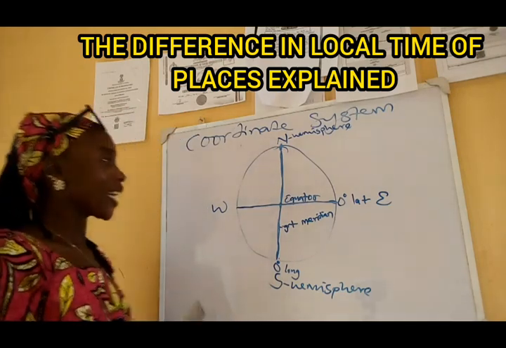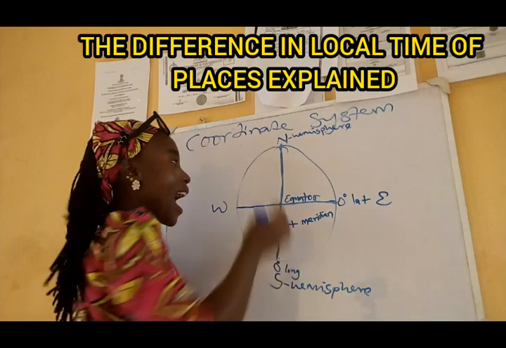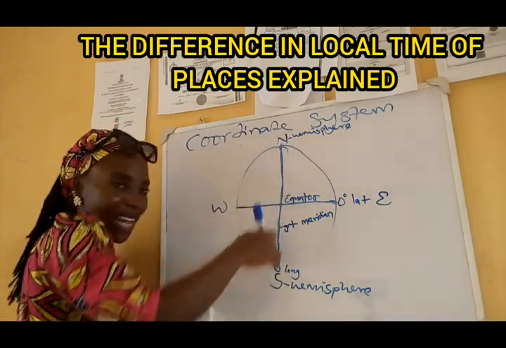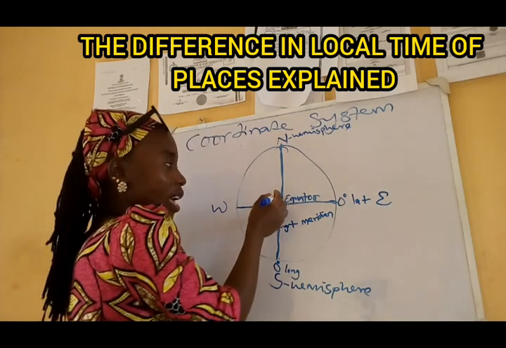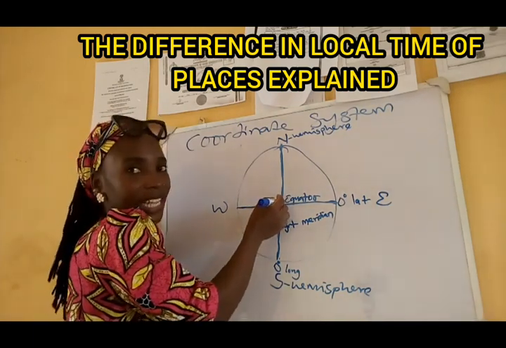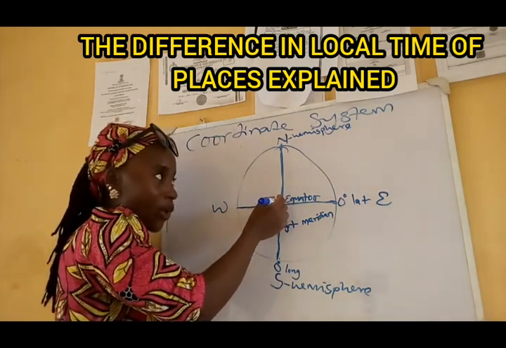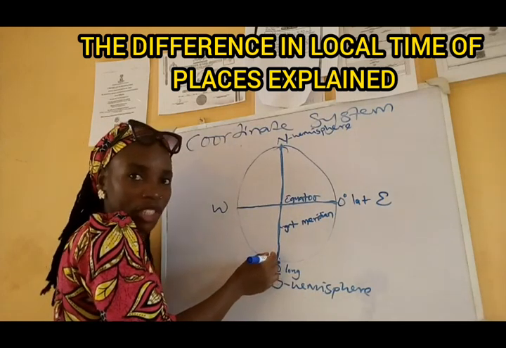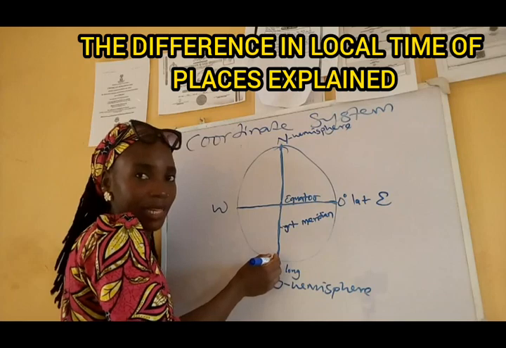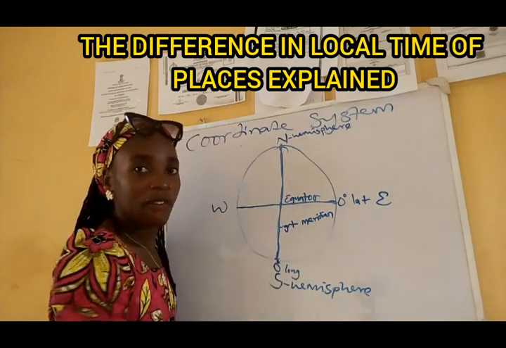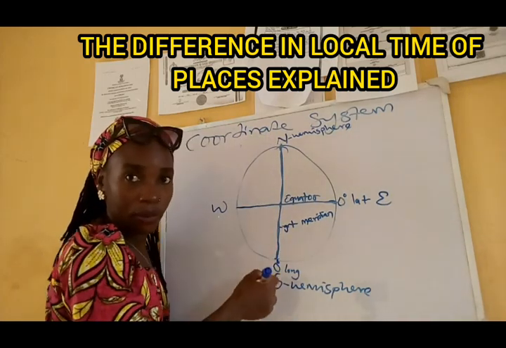Now, as the Earth cuts vertically, you have the degrees increasing from 0 at any position of the Earth, as this imaginary vertical line is 0.